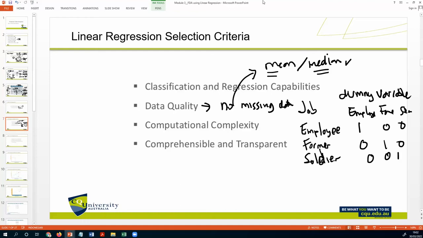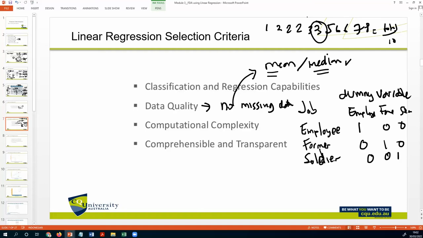What is median? Take 1, 2, 2, 2, 3, 3, 5, 6, 6, 7. The mean is the total divided by 10.